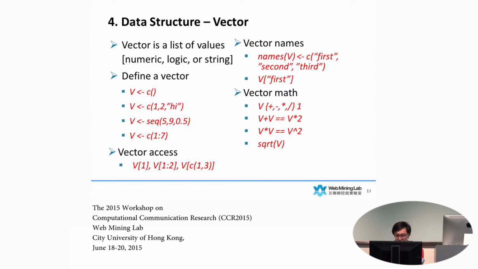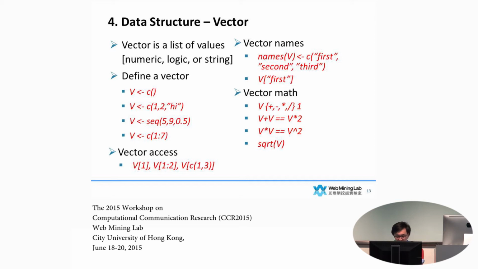We can access any element of the vector. For example, if we want to access the second element, we use the bracket 2, v[2]. This is the index. The second one is 2. Okay, 2. How about the third one?